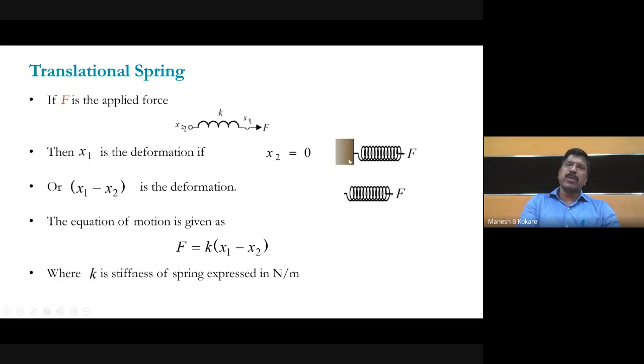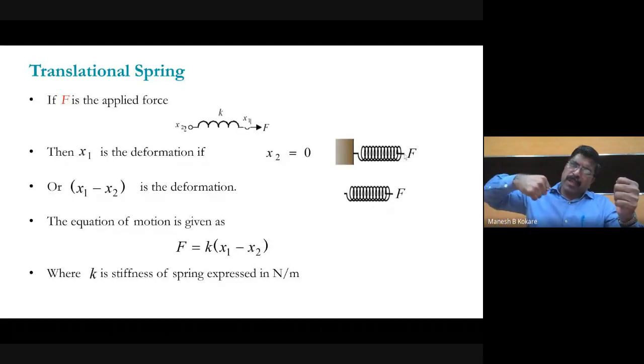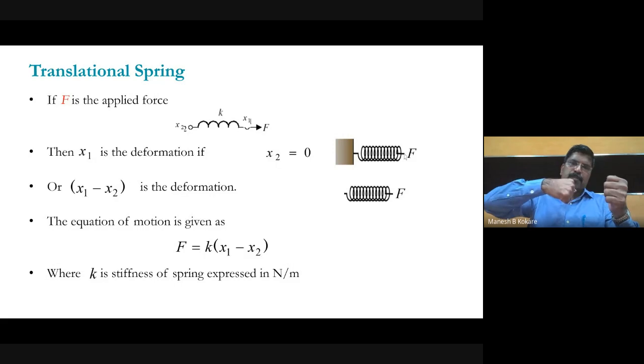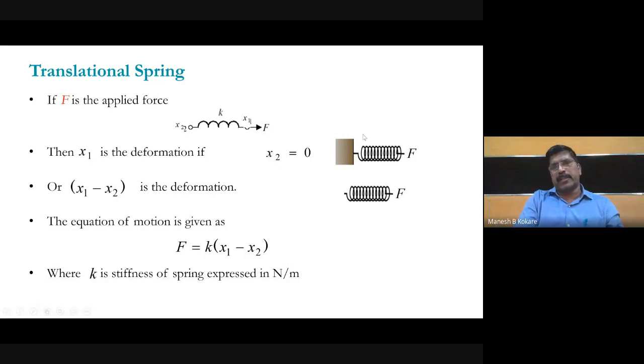If x2 is fixed and you apply the force at x1, then if the force is in the outward direction, the spring will get stretched and there will be displacement at the x1 end. But if you apply the force inward at x1, the spring will get compressed, and x1 will move in the other direction. If you are stretching, it will be in this direction.